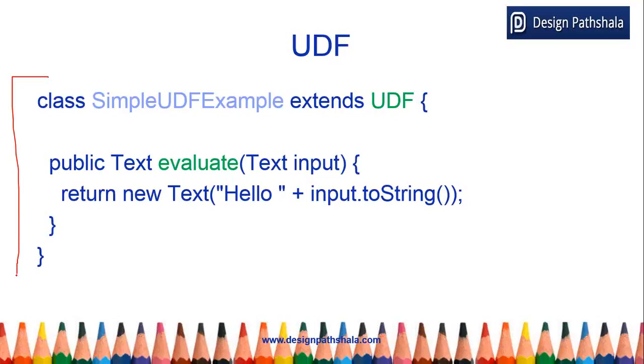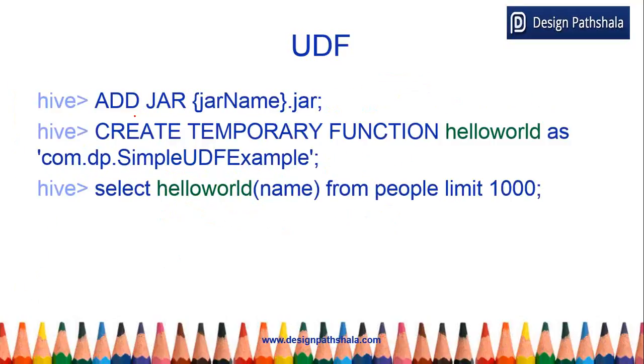So this is how you create a UDF. You extend UDF, which is a class of Hive, and override a function called evaluate. Do whatever processing you want to do over there, return the output, and create a jar out of it. After you create a jar, just add that jar in Hive.